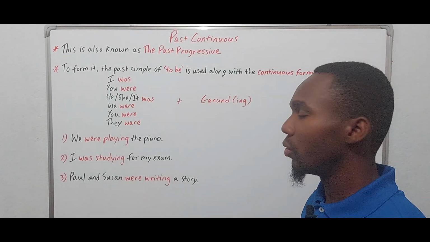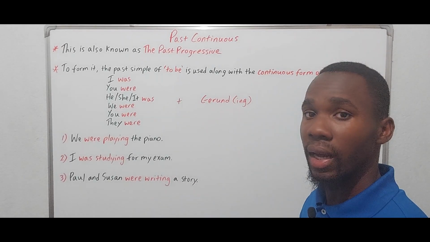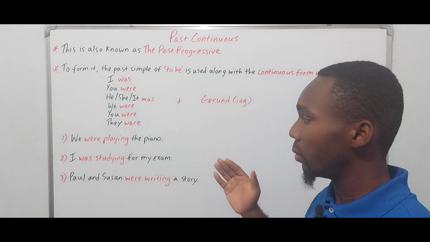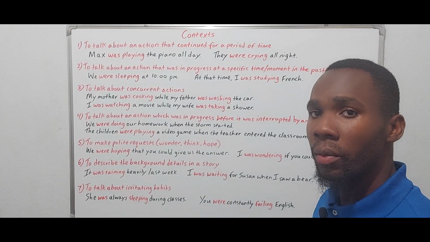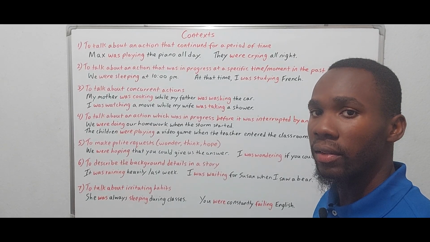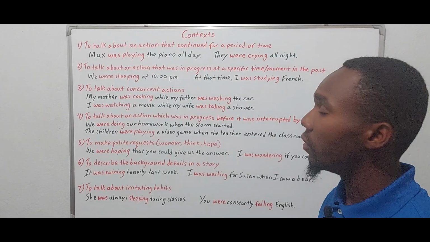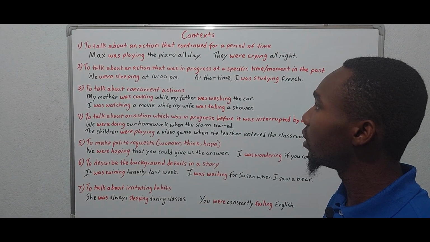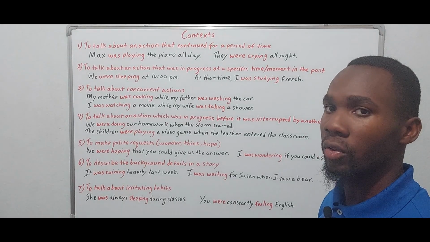But now we are going to get a better understanding because we are going to look at the context in which the past continuous is utilized. The first context is to talk about an action that continued for a period of time, in the past, of course.